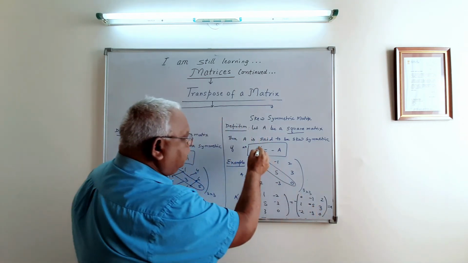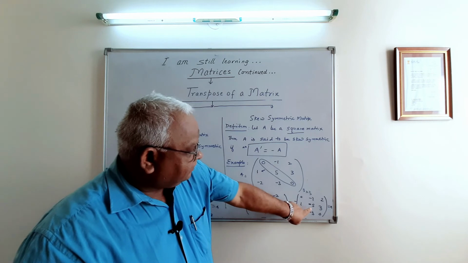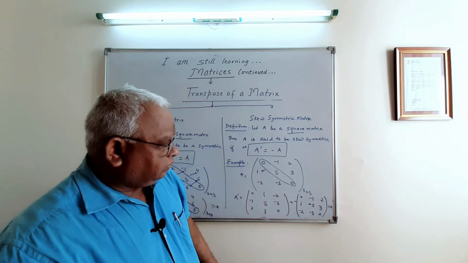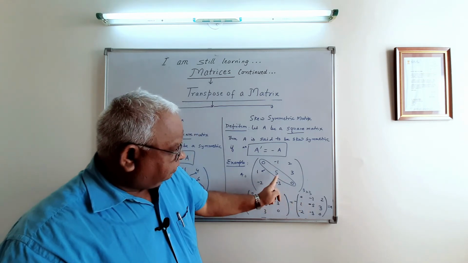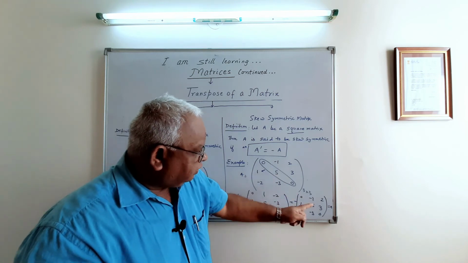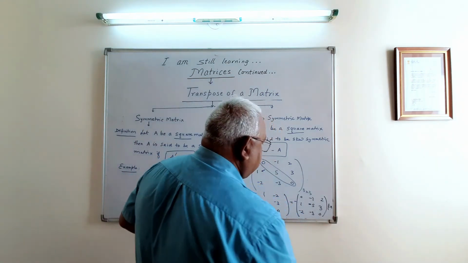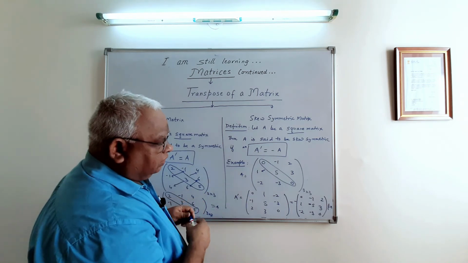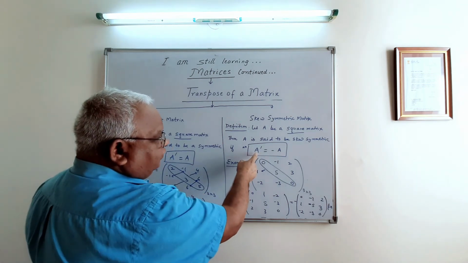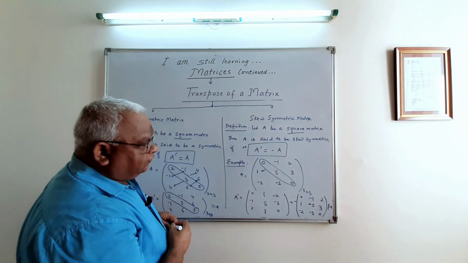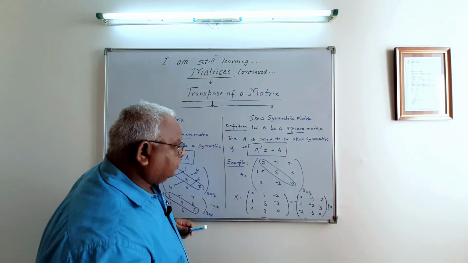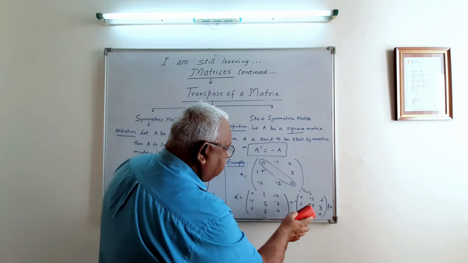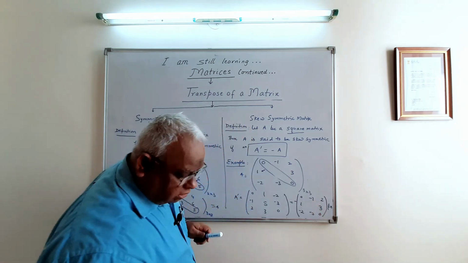Will it be equal to A? Look at this. It will not be equal to A. I have done just one change, and you can see that this condition, this definition, is not satisfied. That is the reason why we need to take this.